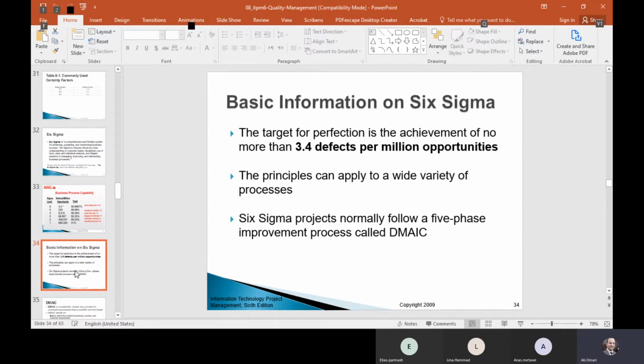By the way, you can be certified with Six Sigma, and this elevates your chances to get a job as a project manager. The Six Sigma certificate is something very well recognized in the industry.